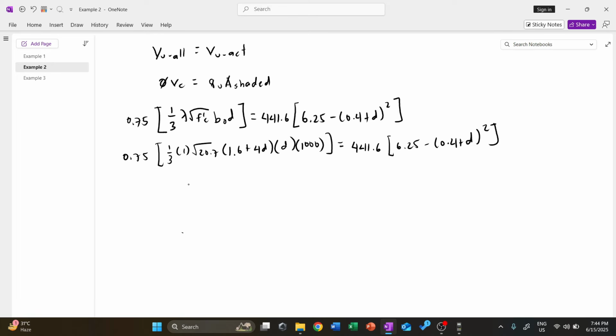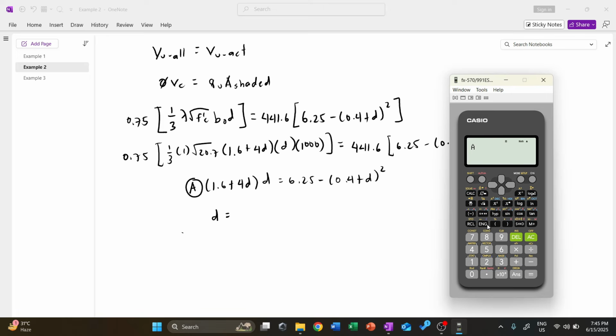Okay, so ang mangyayari siguro dito, gawin natin, stored value na A times, okay, 1.6 plus 4D times D is equal to 6.25 minus 0.4 plus D square. Okay, stored value yung A dito. So, D natin dito is equal to, at least kahit pa paano na-simplify natin, 1.6 plus 4x, okay, unknown, times x ulit is equal to 6.25 less 0.4 plus x is square.